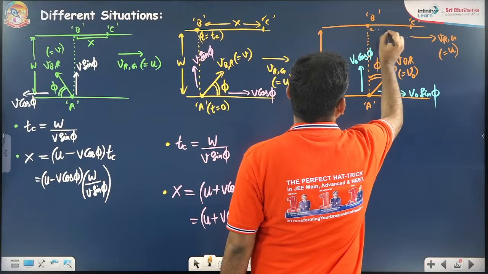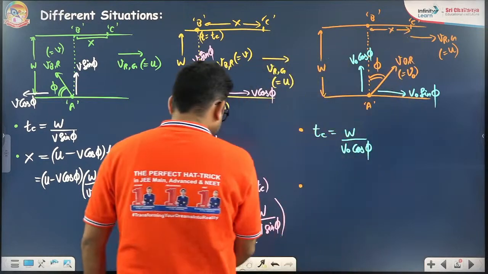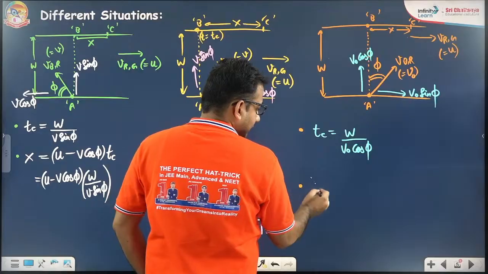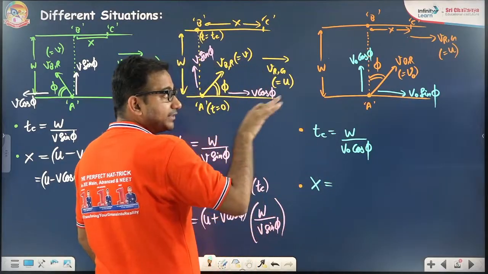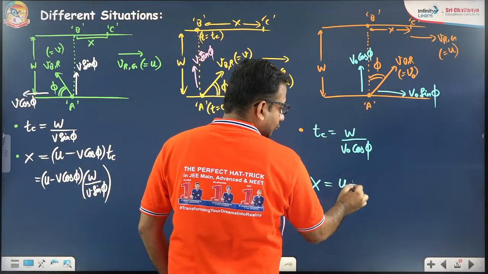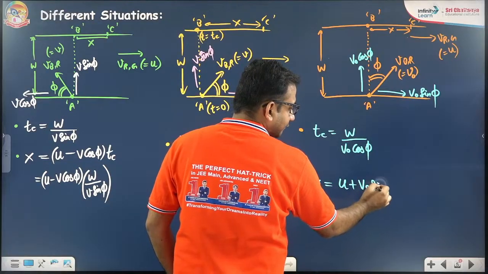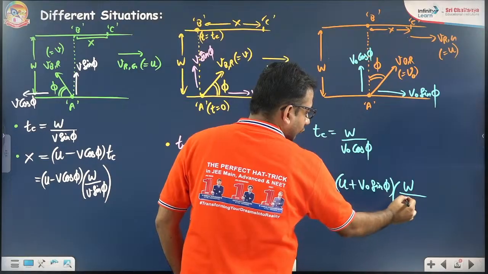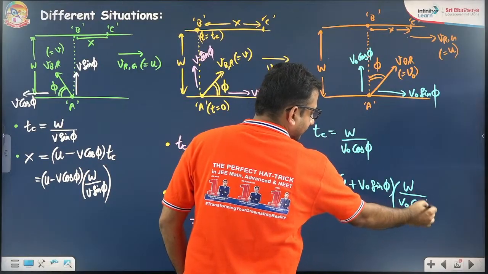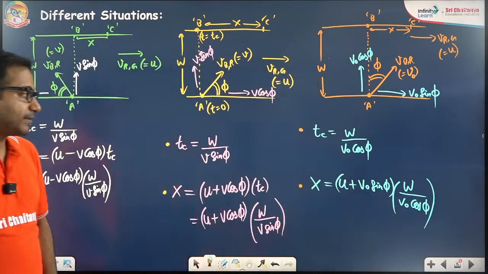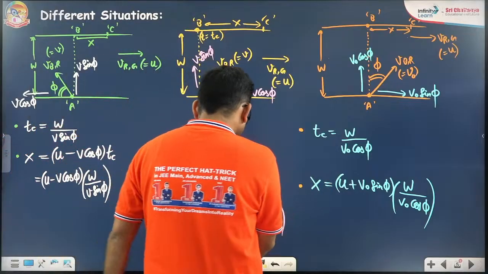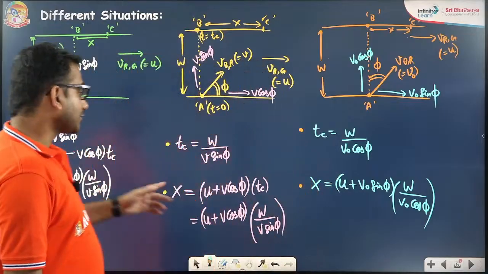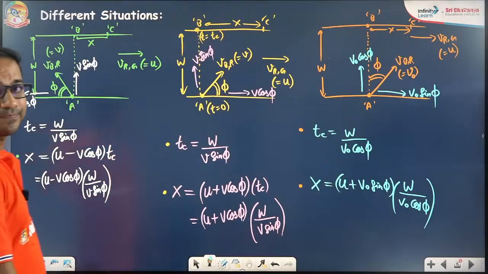The distance x, and this x is given by the effective speed in this direction, u plus V naught sin phi, into W by V naught cos phi. I hope that's clear. You have multiplied the effective speed into the time of crossing. That's what you have been doing in all the cases.